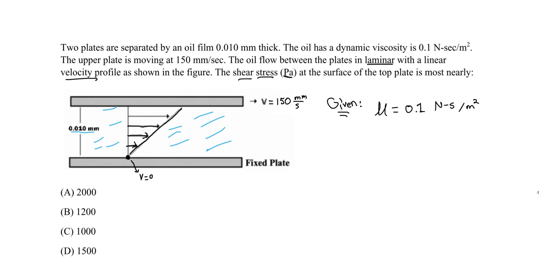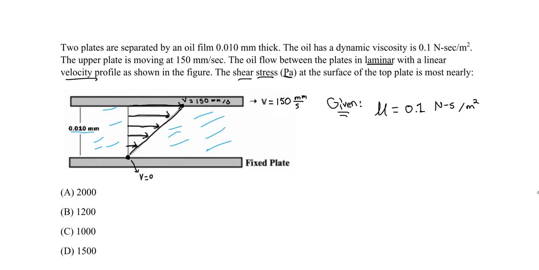The velocity keeps increasing until the very top, where our velocity is going to equal the 150 millimeter per second. So that's an important observation for the two plates when we consider this condition of the oil film, specifically for laminar flow.